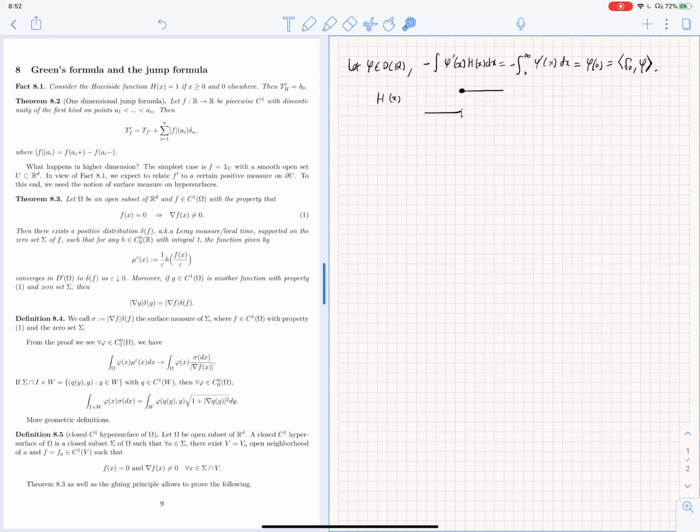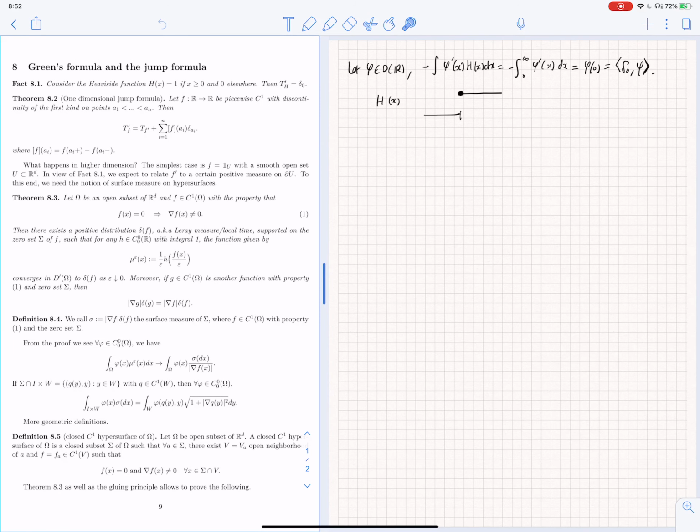So this is the simplest jump formula. More generally, we can consider functions which are piecewise C1 and have jumps at finitely many locations. Then we can also obtain a similar formula. And this is the content of theorem 8.2.